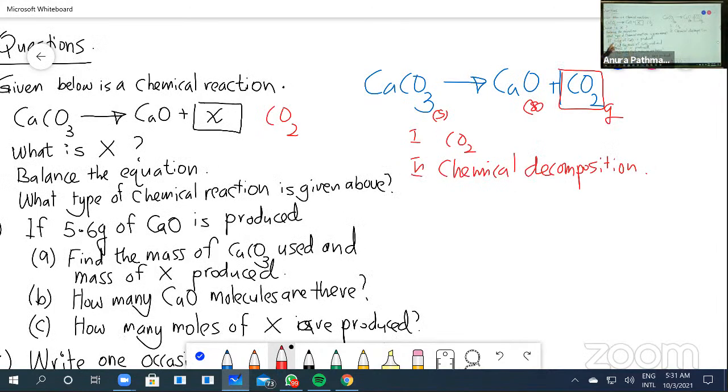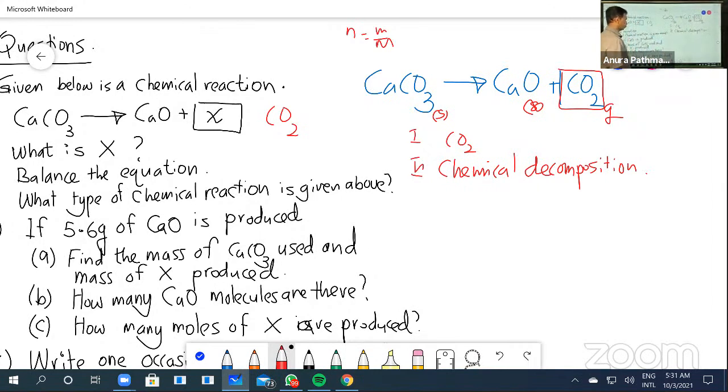If 5.6 gram of calcium oxide is produced, right? Now, as I told you, we're going to find out n equals m over M by using that to solve that question. Before that, we want to find out the number of moles produced.